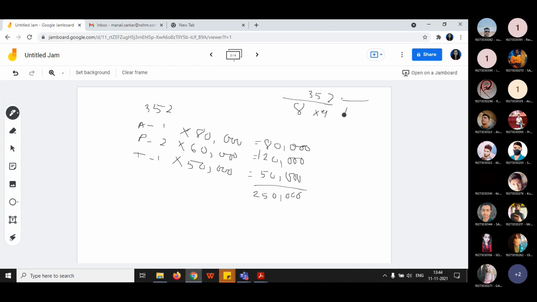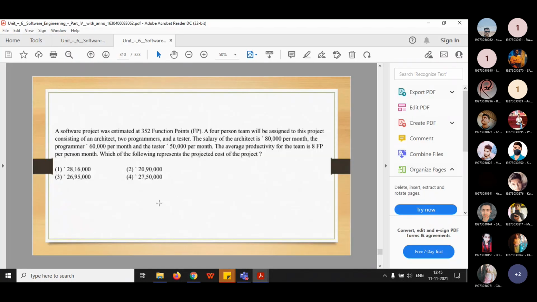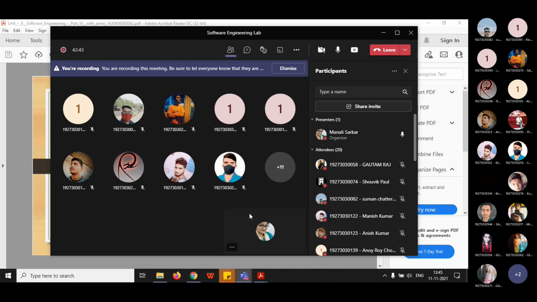So now you need to do the multiplication with this, and you will be getting the answer 275,000. This is the correct option. Okay, so this kind of question will come in the exam.